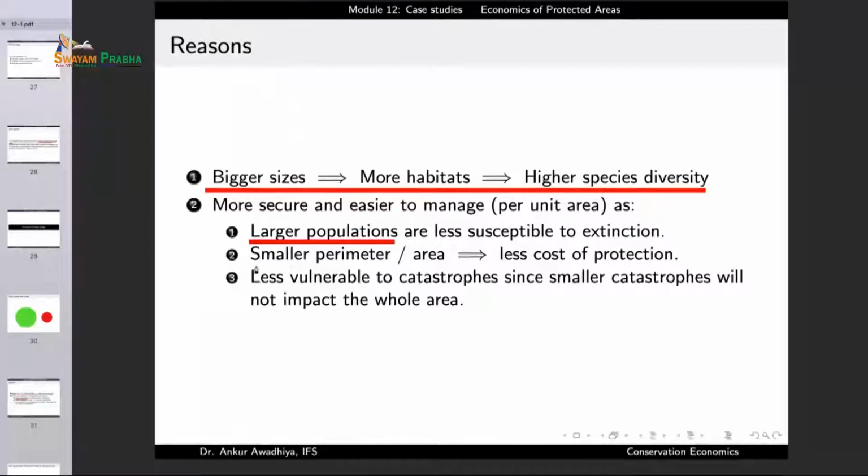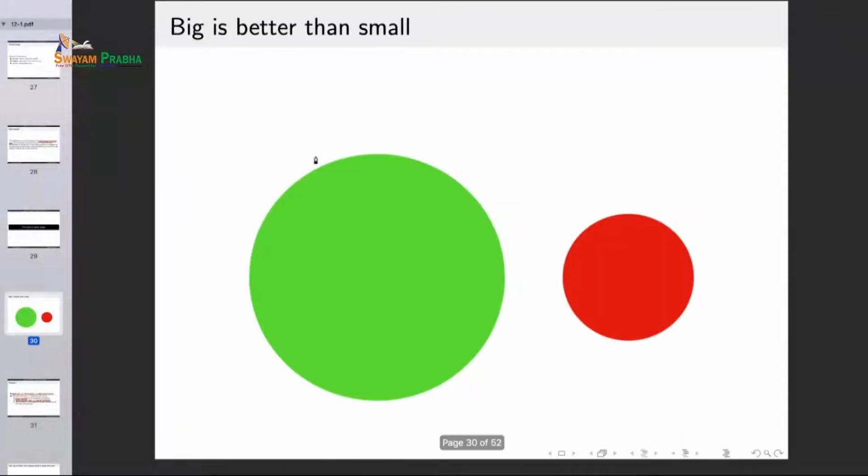Then, in the protected areas, you need to protect the perimeter, because the perimeter is where people can get into, whereas the species get protected in the area. Now, as you increase the size of a protected area, the ratio of perimeter to the area of this reserve reduces, which means that it becomes much more cost effective to provide protection to this reserve.